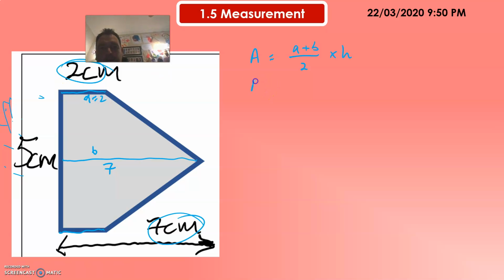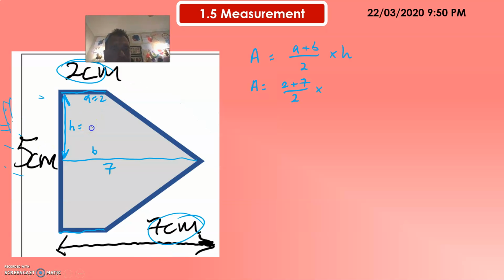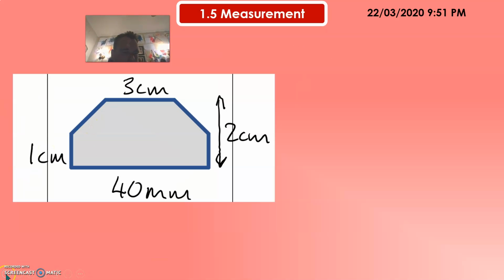So that means our formula becomes A equals (2 plus 7) divided by 2 times H, which is the height, the distance between your two parallel lines, which in this case is half of 5, which is 2.5.